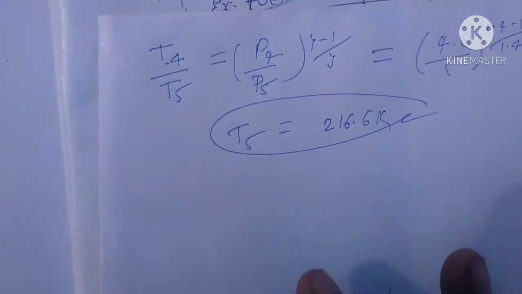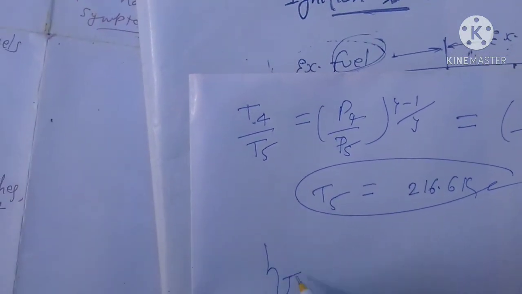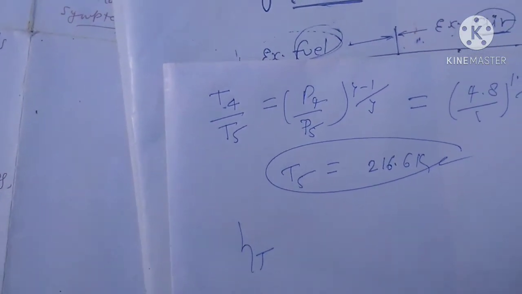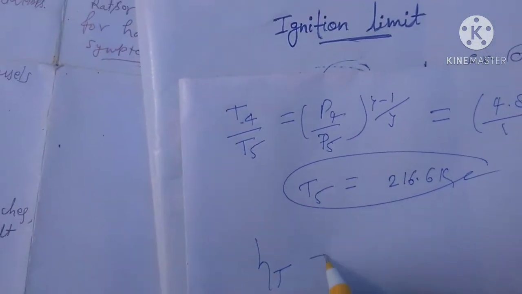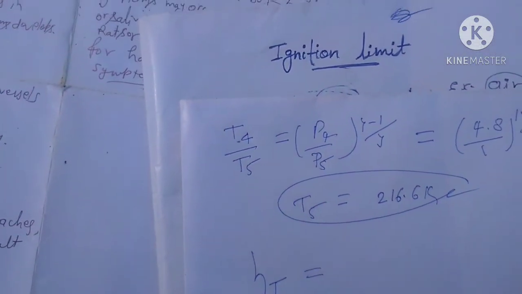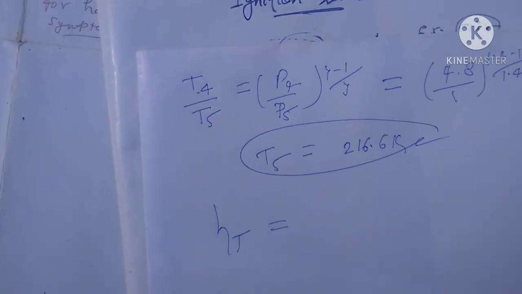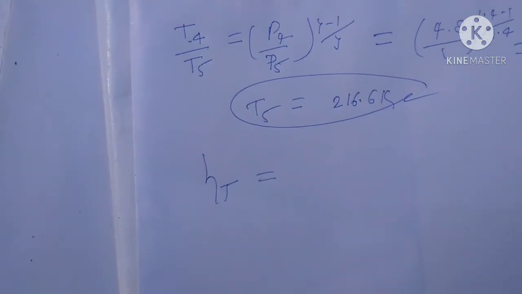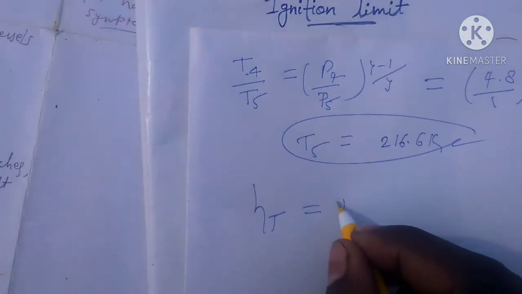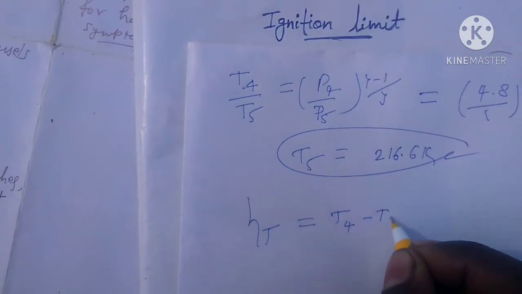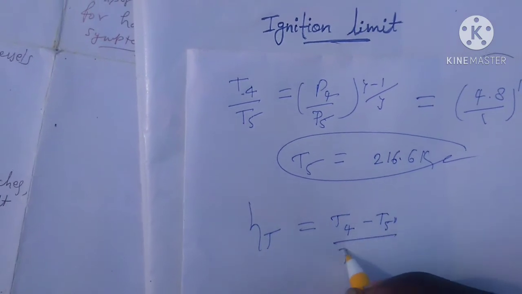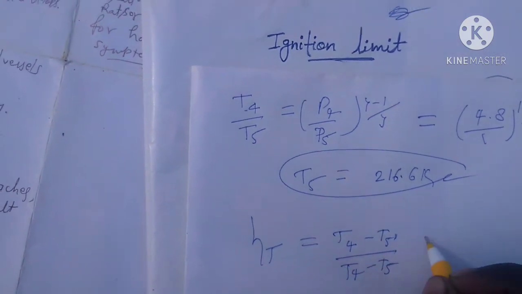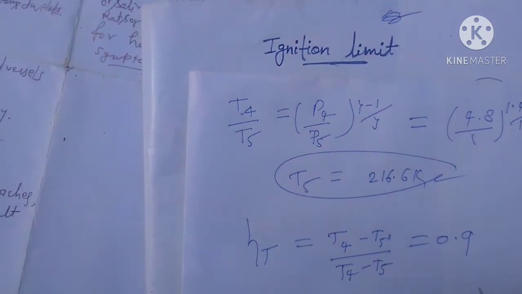In the question, the isentropic efficiency of the turbine is also given. Turbine efficiency equals the actual temperature drop divided by the isentropic temperature drop. So T4 minus T5 dash divided by T4 minus T5 equals 0.9.